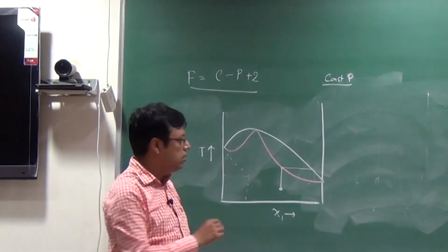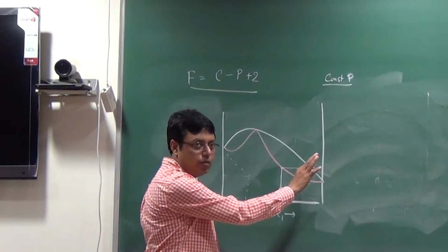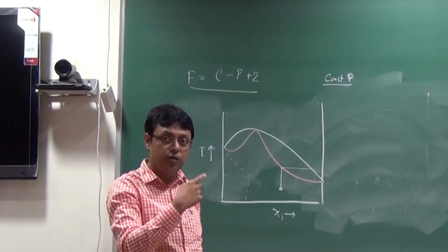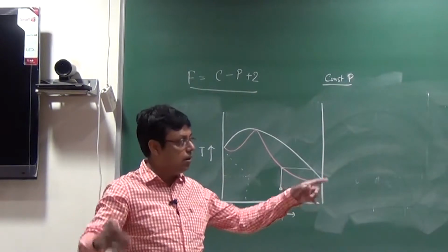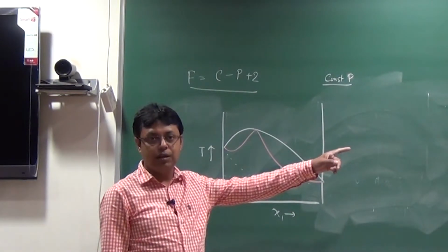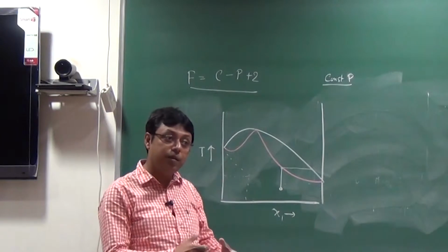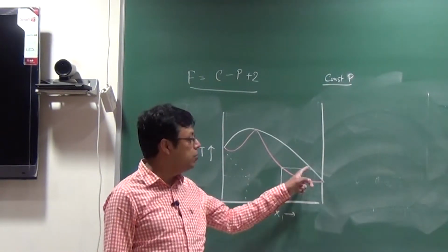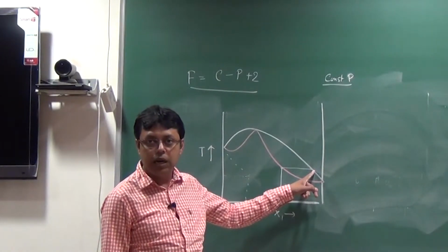Remember in all these phase diagrams we are drawing, the total number n is fixed, right? But removing the vapor means I have removed some amount. What I removed is more of component one, right?